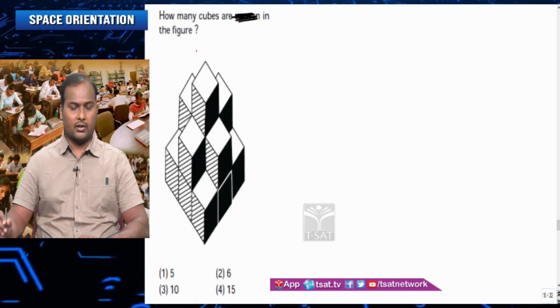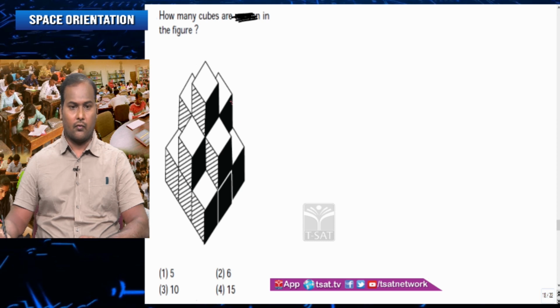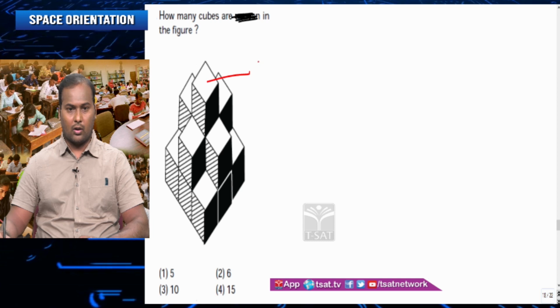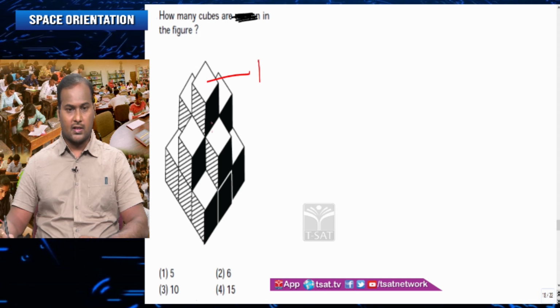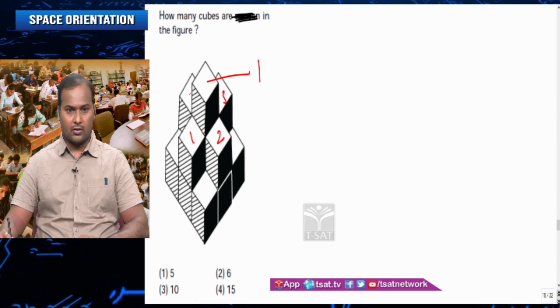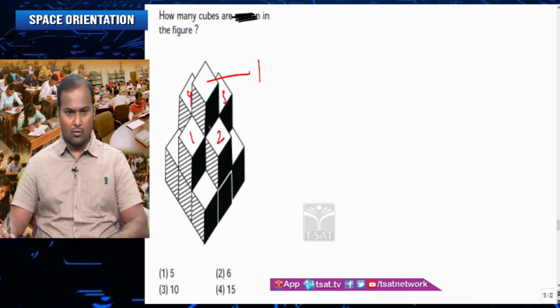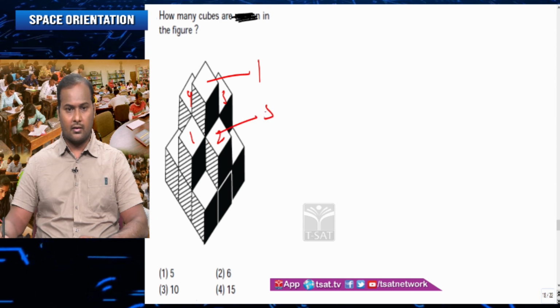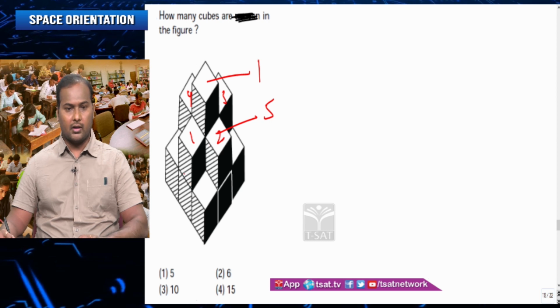Let's see this question. The question is, how many cubes are there in this particular figure? The first on the top you have one figure. See the second layer. In the second layer 1, 2, 3, 4. So 4 are visible. 1 is not visible at the center. So here total in this layer 5 are there. How many are at the bottom?